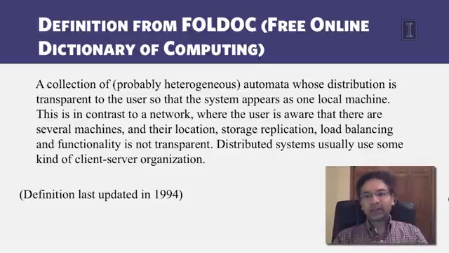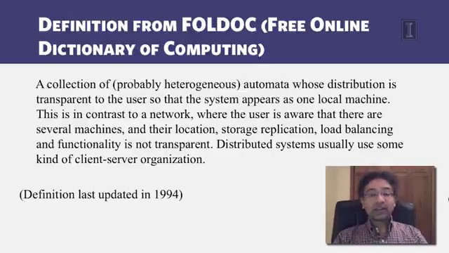The collection of machines appears as one machine rather than as multiple machines to the user. This is in contrast to a network, where the user is aware that there are several machines, and their location, storage replication, load balancing, and functionality is not transparent. Distributed systems usually use some kind of client-server organization. Okay, so this is the FOLDOC definition.